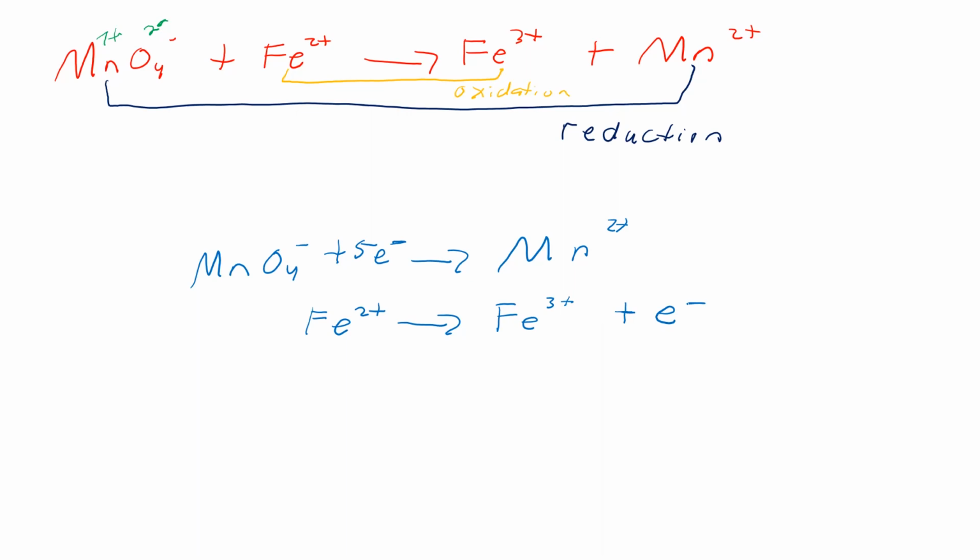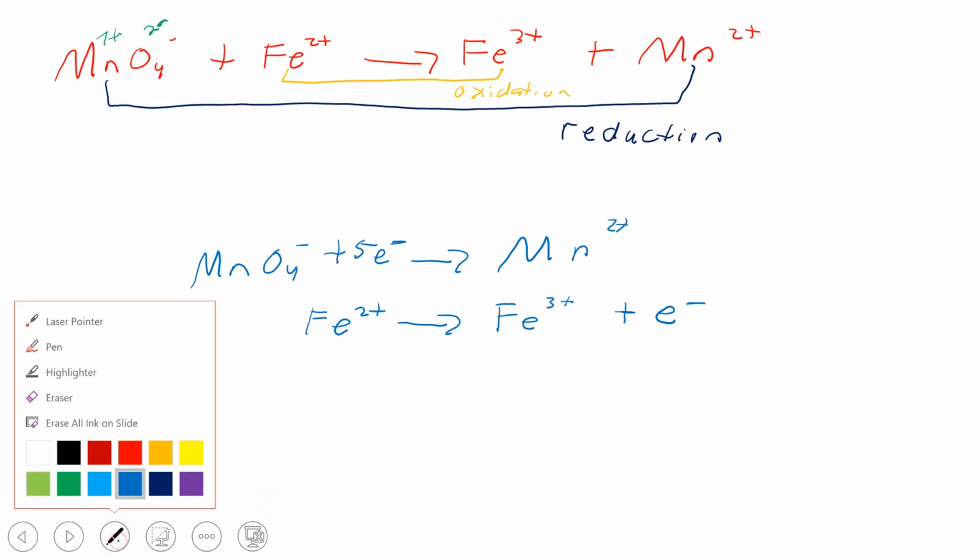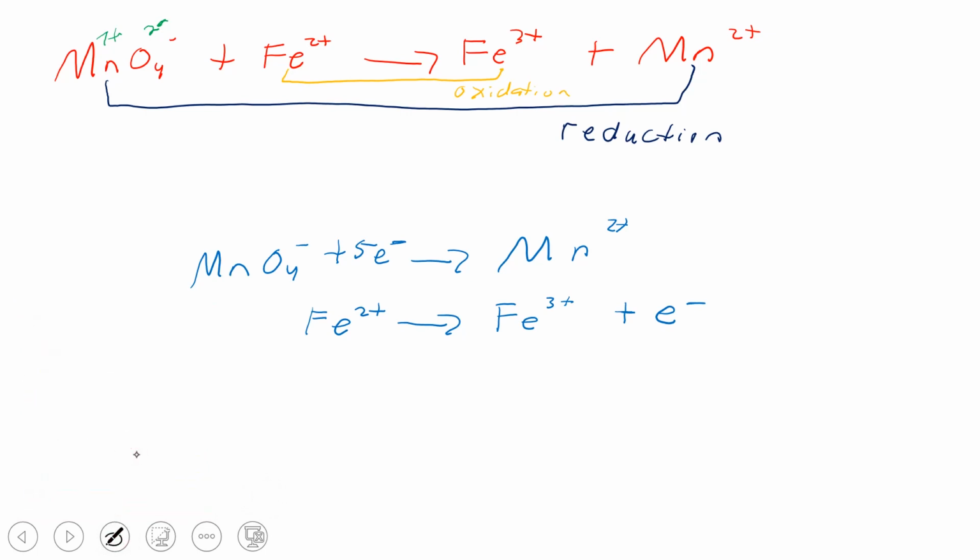Now, we want to balance each one of these in acidic solution. We're going to start with MnO4 negative plus 5e negative gives us Mn2 positive. The first thing that we do is balance everything in the reaction except for hydrogen and oxygen. In this case, the only thing besides hydrogen and oxygen is the manganese, and there's one manganese on the reactant side and one on the product side, so we're good there.